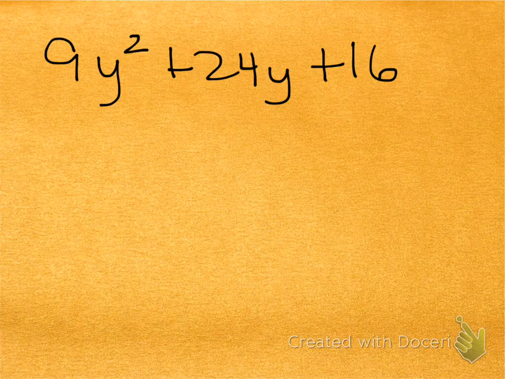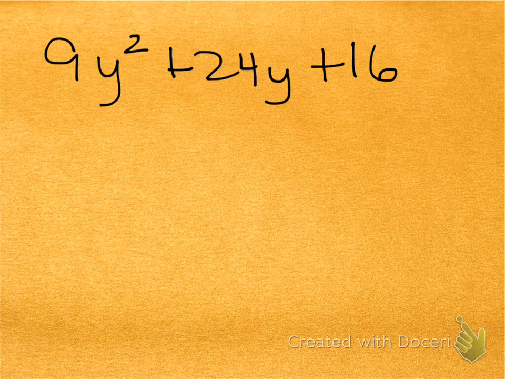So here we have one example. So you notice that the 9, the leading coefficient, and the constant, which is the 16, are both perfect squares. So this matches the perfect square trinomial factoring.